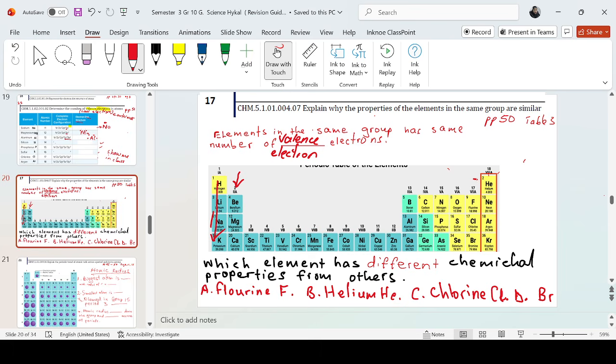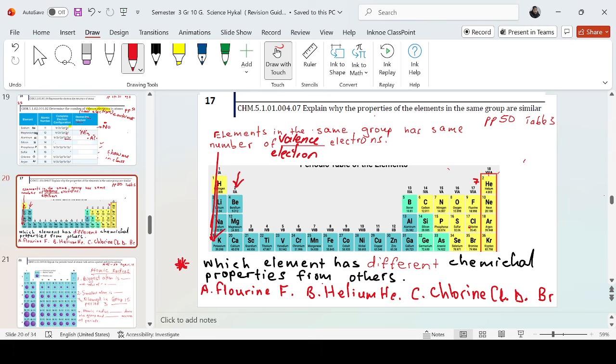Group 17, all these atoms have 7 electrons in the outermost shell. So elements in the same group have the same number of valence what? Electrons. Which element has different chemical properties from the others? Remember, it's electrons which determine the chemical properties. So here, check. Elements in the same group have the same what? Chemical properties, because they have the same valence electrons.